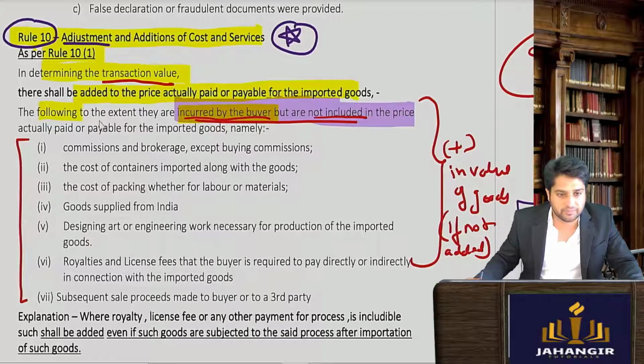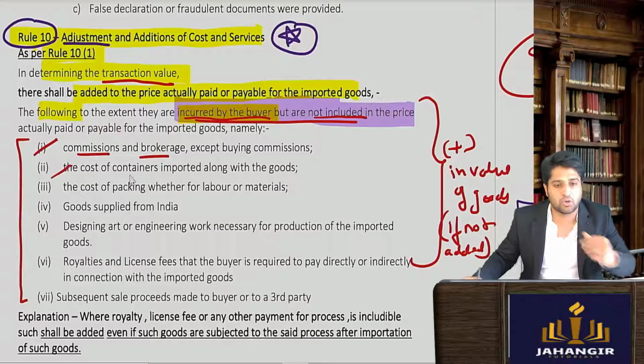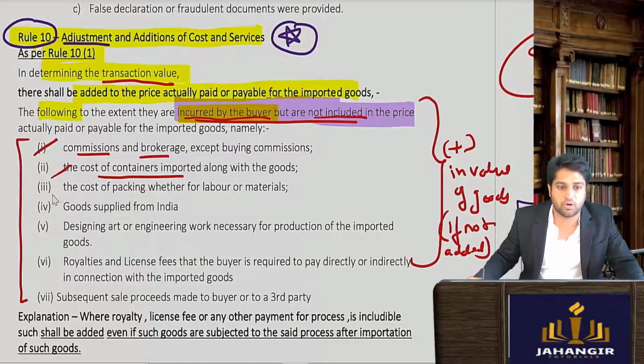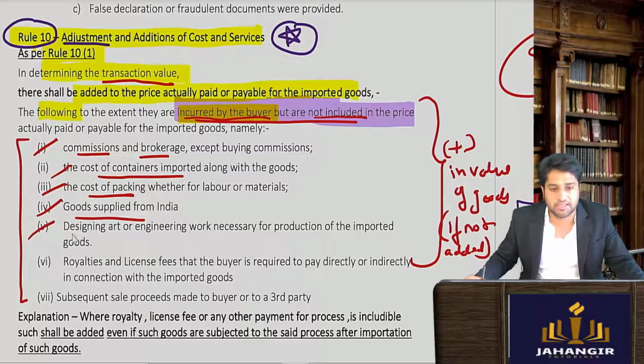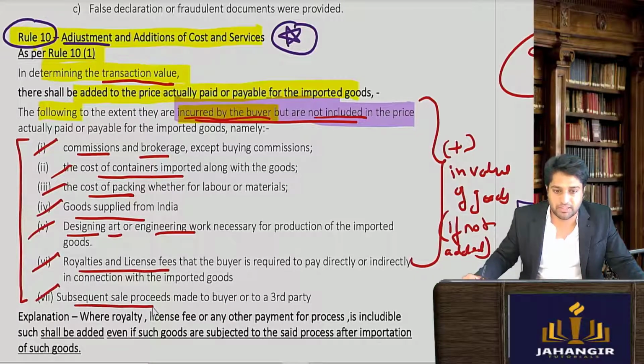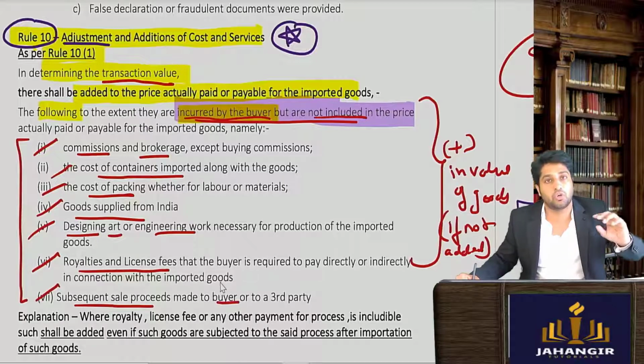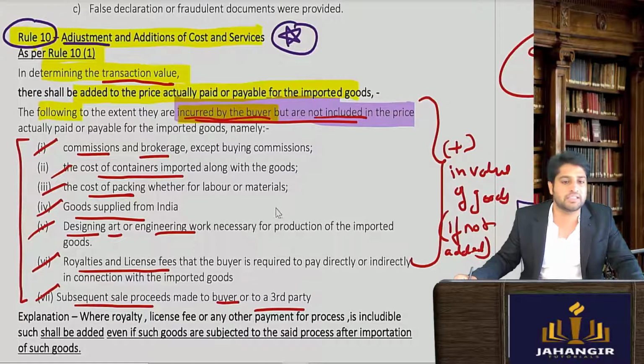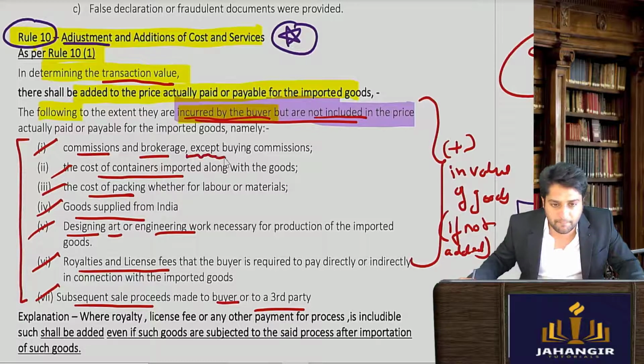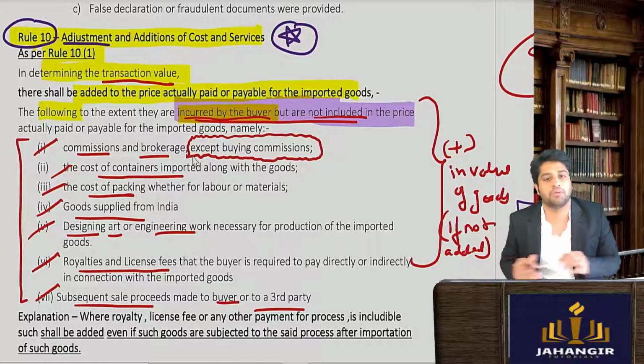First is commission and brokerage paid, cost of containers, cost of packing, goods supplied from India, designing, art, engineering work, royalties and licenses paid, subsequent sale proceeds made by the buyer to the seller or to a third party. So all these things are to be added, but buying commission, they have said except buying commission, the buying commission should not be added.